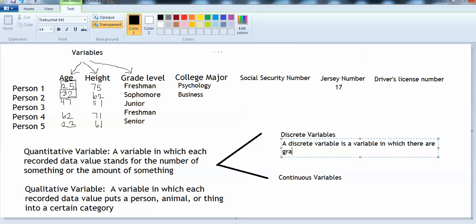It's a variable in which there are gaps between the possible data values.